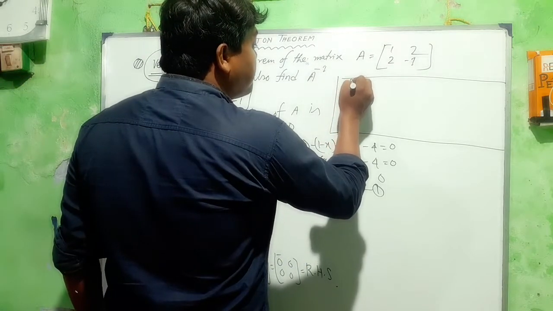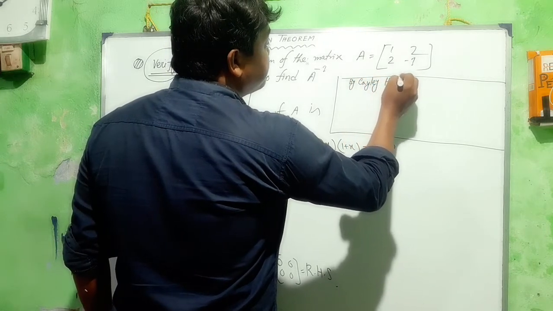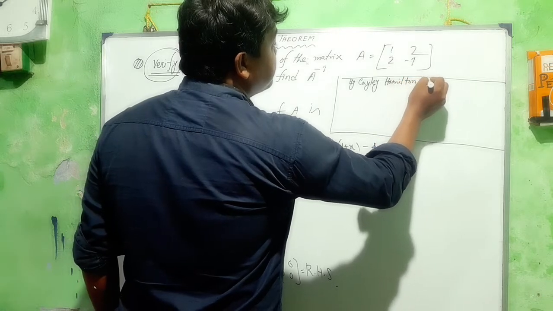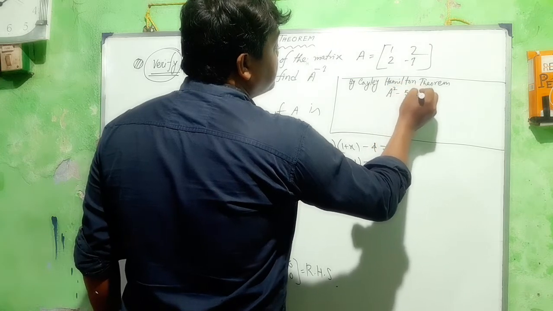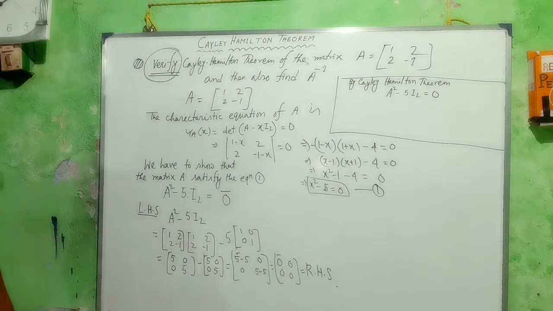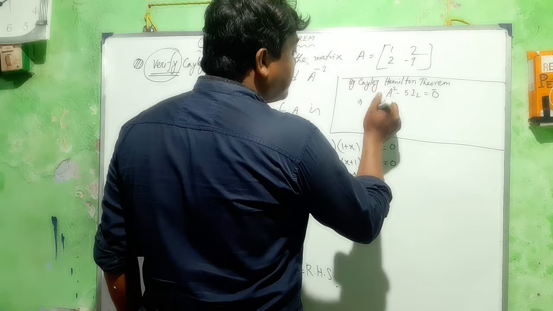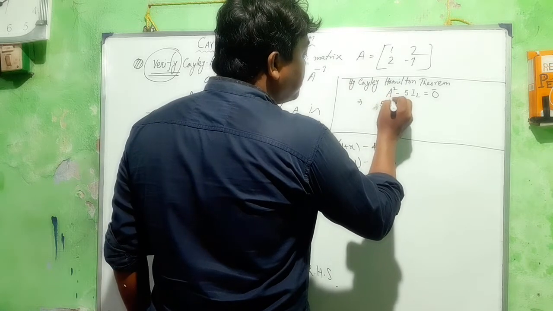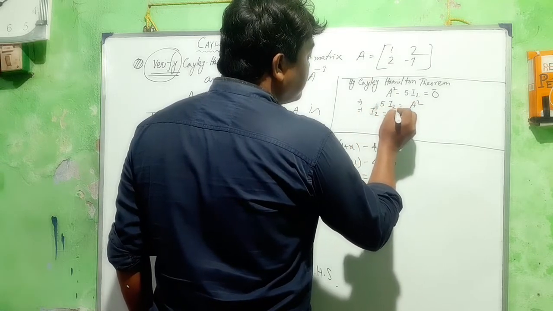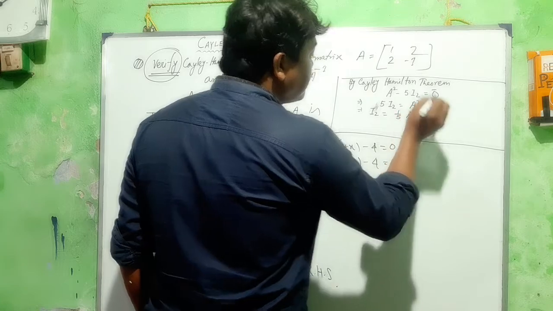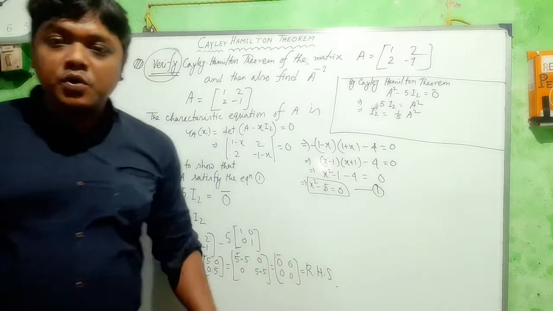By Cayley Hamilton theorem, A square minus 5 I2 equals to 0, where 0 means null matrix. From here we can easily say A square equals to 5 into I2, so I2 equals to 1 by 5 into A square. Am I right? Now I multiply here by A inverse both sides.